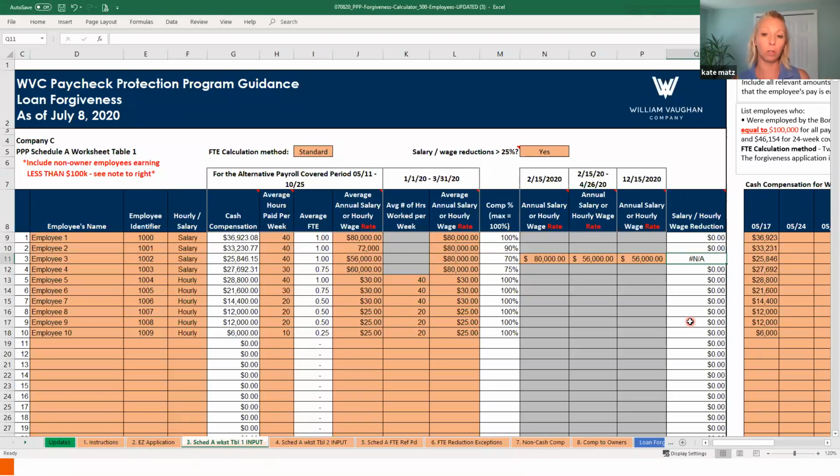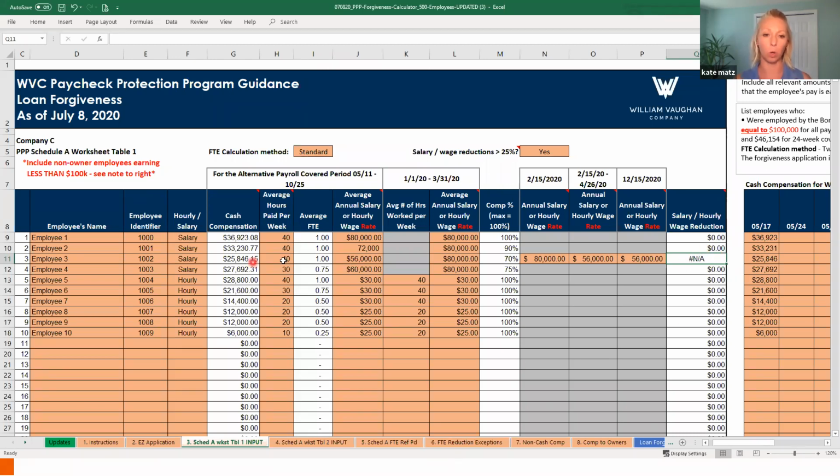So if you reduced their compensation by 30% like we did here, but you also reduced their FTEs, their hours that they're working and getting paid for, by 30%, you're not going to get dinged again for the compensation reduction. You'll take it on the FTE side and this will come out to 0. So we haven't given the calculator enough information on FTEs to be able to calculate this. So right now we're showing an error. As we complete information on other tabs, this will come back and calculate out.